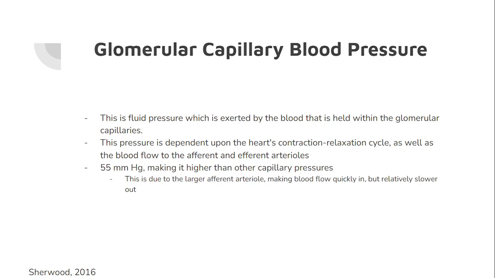And that's because the afferent arterioles are larger than the efferent arterioles, which means blood is moving in quite quickly, but it is not leaving as quickly as it's coming in necessarily, which is creating kind of like a buildup.